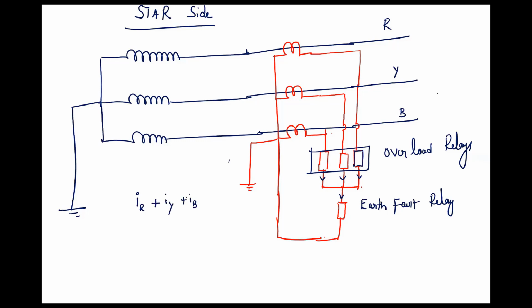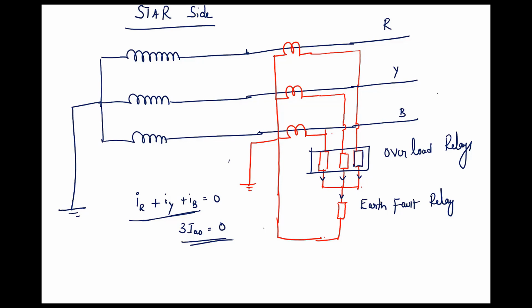If all three currents are balanced, that means there is no ground fault, no earth fault, so this will be zero. Your 3 I naught, the zero sequence current, is zero, so your earth fault relay will not operate. If there is any earth fault, then the phasor sum will give you some non-zero zero sequence current and your earth fault relay will trip.